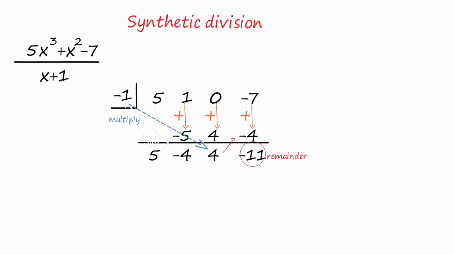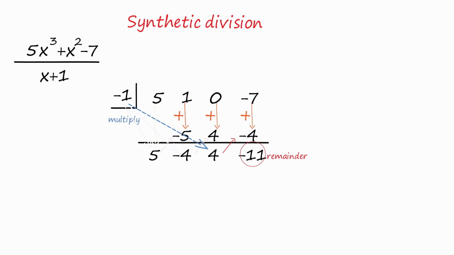The first term in the result will always have an x power 1 less than the first term in the dividend. Since our highest power in the dividend was x cubed, our answer is going to start with the x squared term. Here is how we write the final answer.